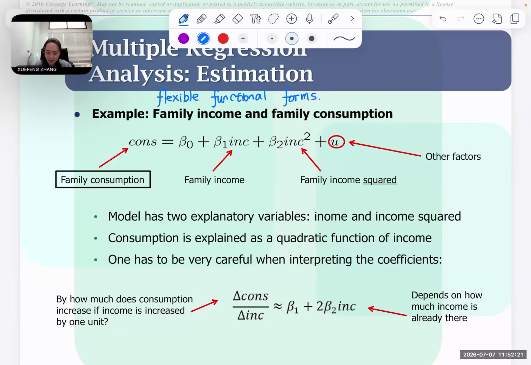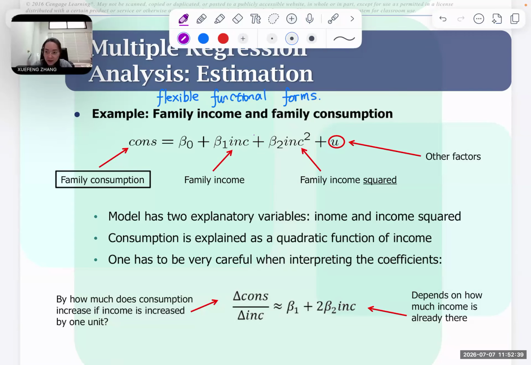Okay, so here we have the model. Family consumption equals beta 0 plus beta 1 family income plus beta 2 family income squared plus mu. Notice something different here, right? What is it?